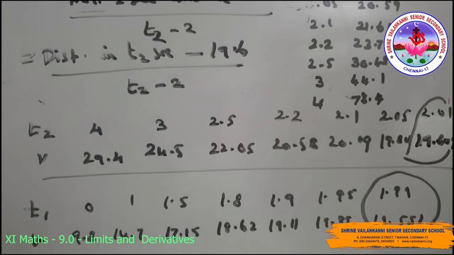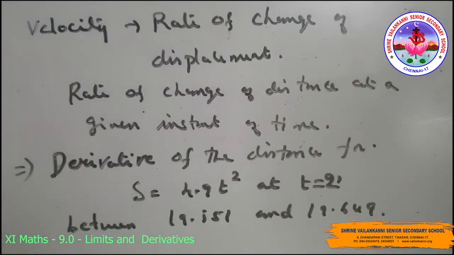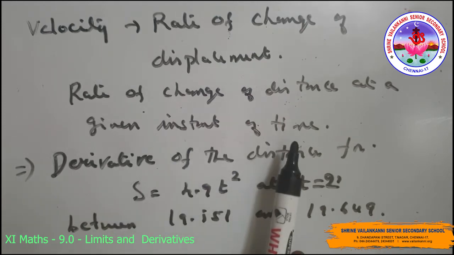We know that velocity is the rate of change of displacement. From the given data of distance covered at various time instants, we have estimated the rate of change of distance at a given instant of time.